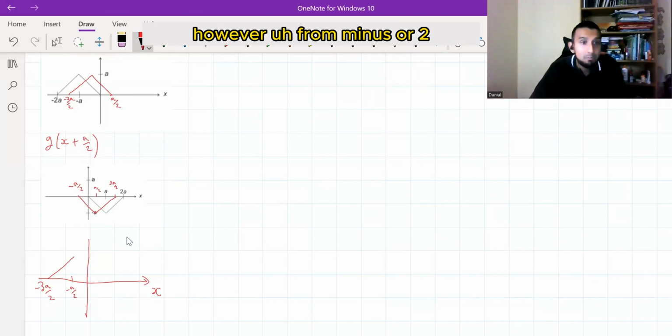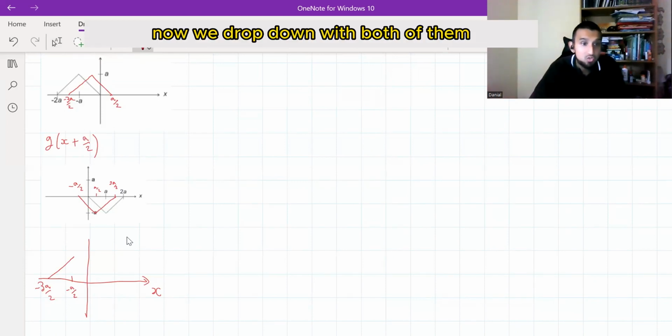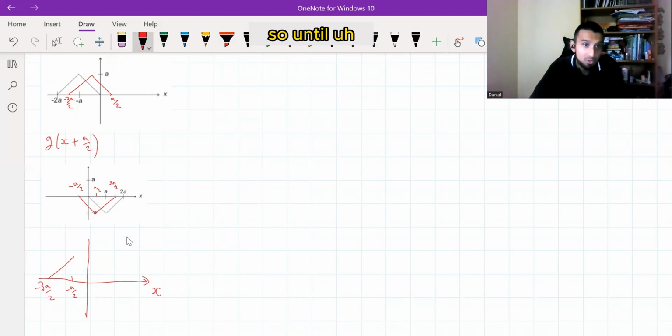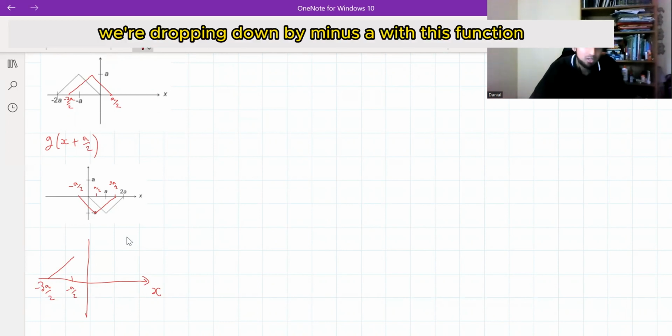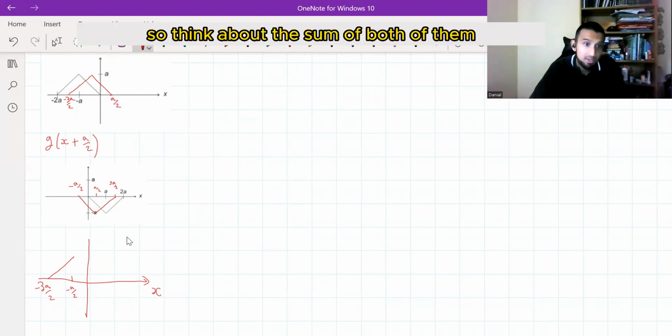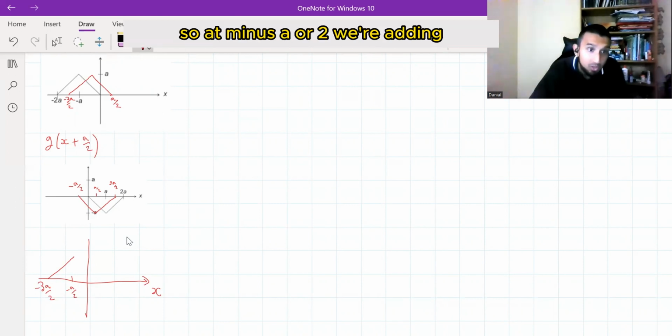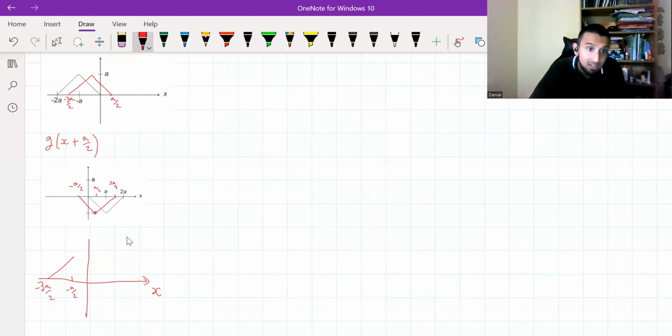However, from minus a over 2, now we drop down with both of them. So until a over 2, we're dropping down by minus a with this function. So think about the sum of both of them. So at minus a over 2, we're adding a with 0, okay?